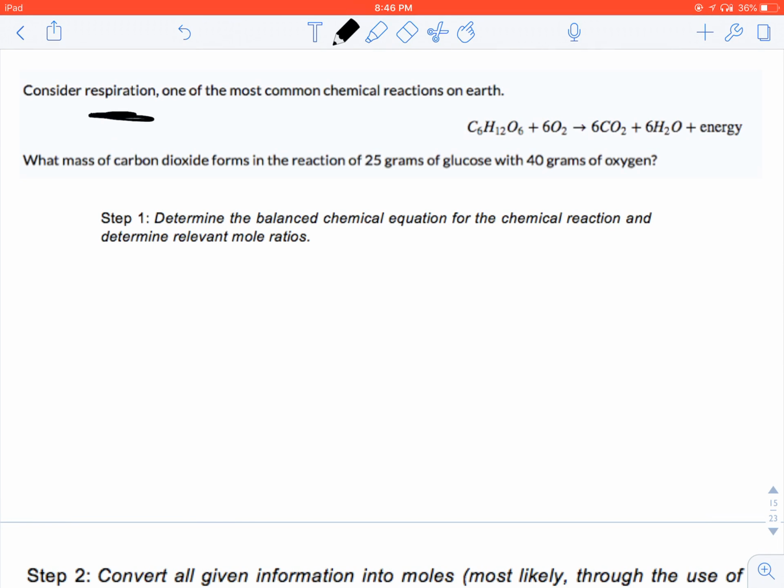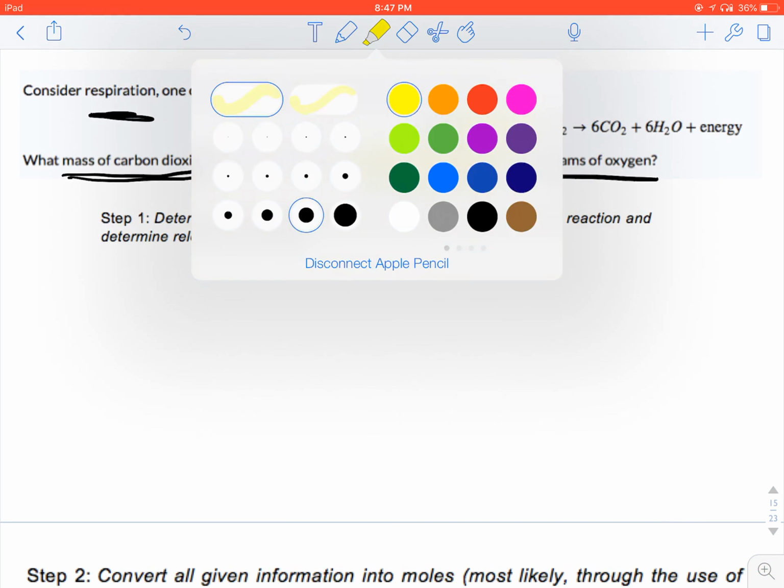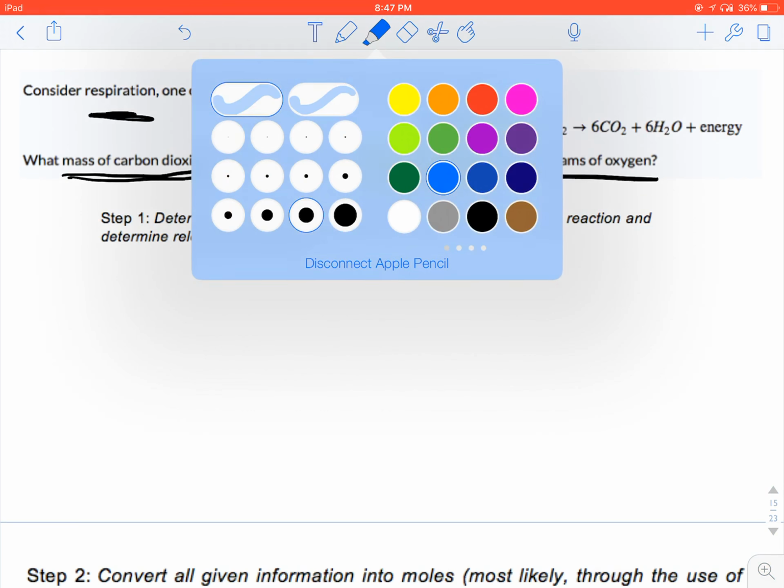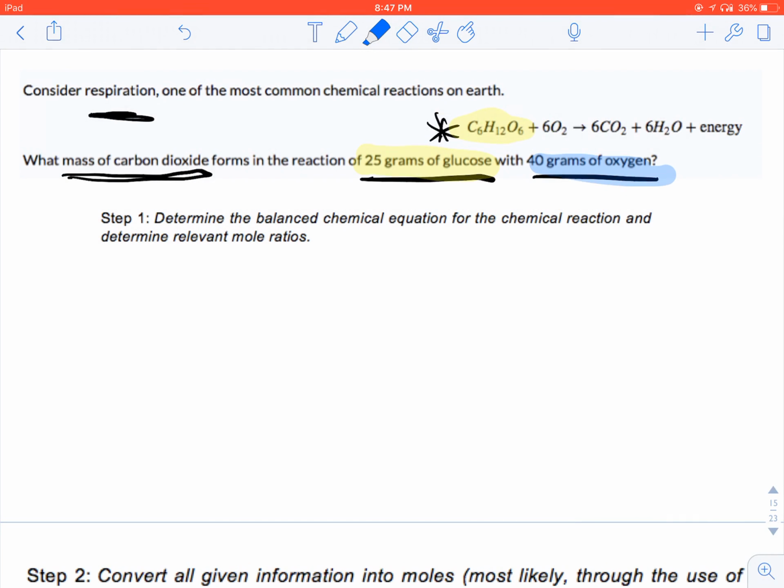Question says, given this equation here for respiration, what mass of carbon dioxide, so let's underline that right there, might be important, mass of carbon dioxide forms in the reaction of 25 grams of glucose and 40 grams of oxygen. So here we have 25 grams of glucose. This is glucose. 40 grams of oxygen.